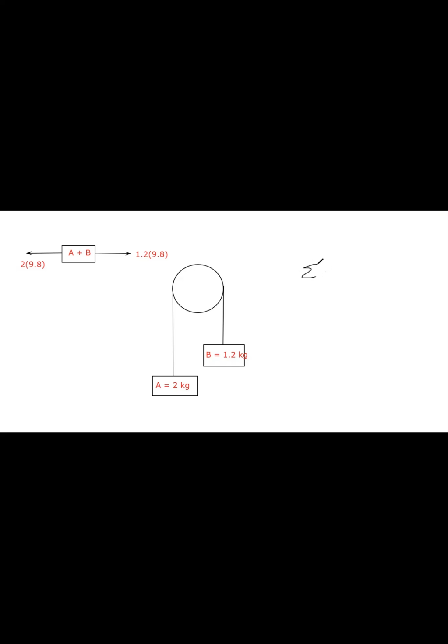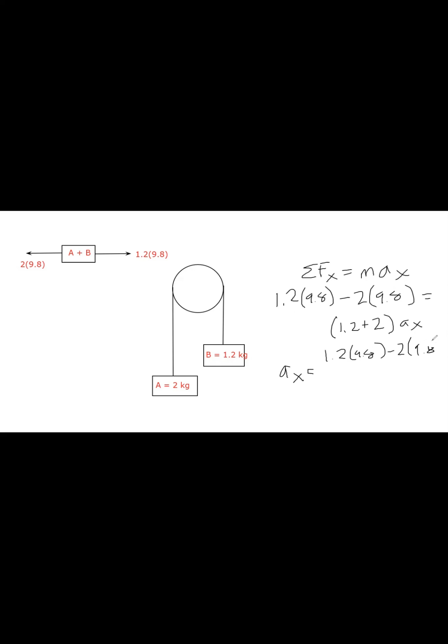We'll say the sum of the forces in the x equal MAX. 1.2 times 9.8 minus 2 times 9.8 equals 1.2 plus 2 times AX. AX equals 1.2 times 9.8 minus 2 times 9.8 over 3.2.